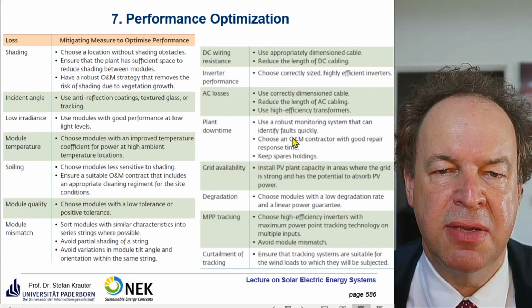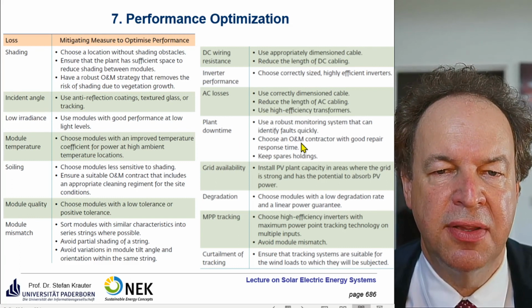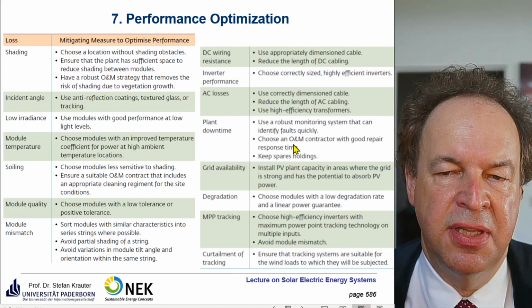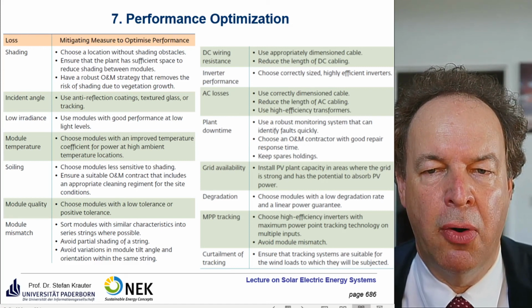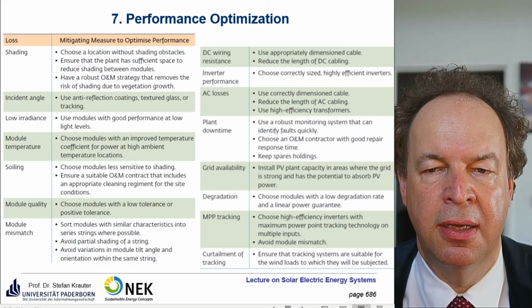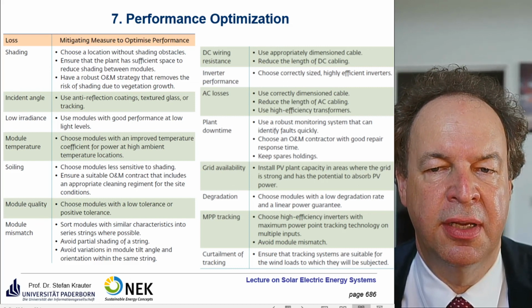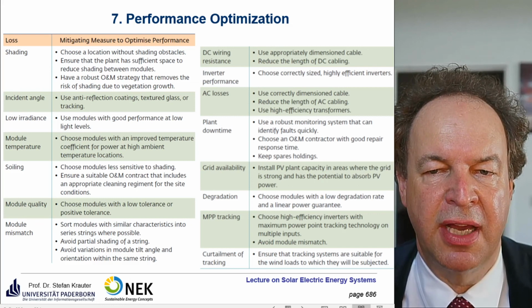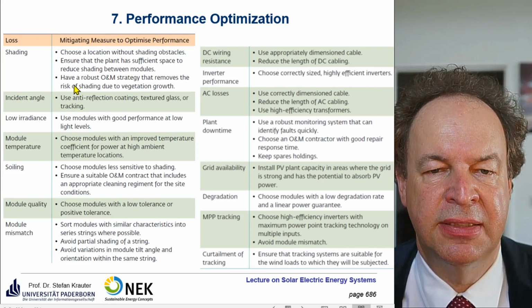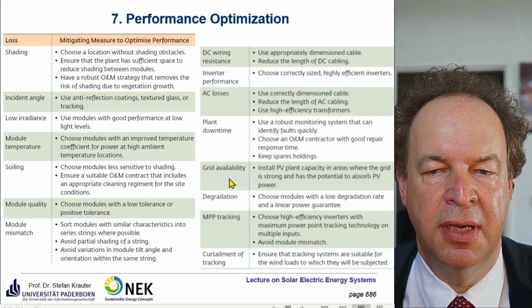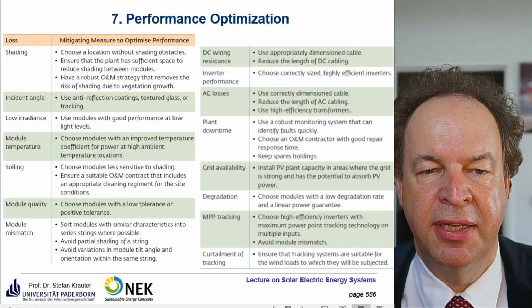Plant downtime, that's important. You have to really make sure that the operation and maintenance team is quickly there and allows a very quick repair of the power plant. So you have to make sure that they have spare parts available quickly, so you don't have to wait for weeks until you get a spare part, and so on, to keep the power plant constantly running.